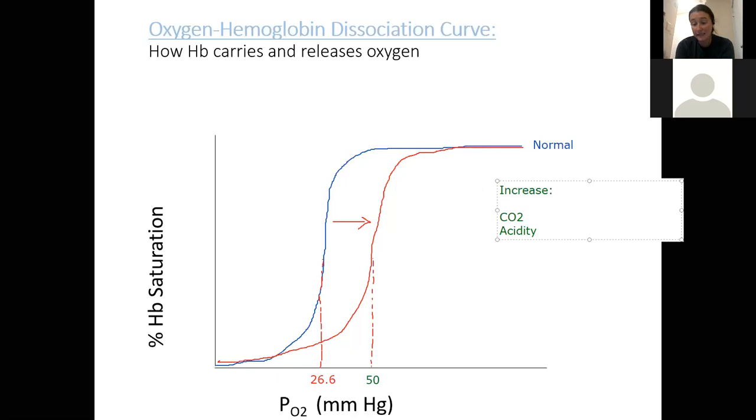If the acidity goes up, this actually means that pH is going to decrease. When we have more of this 2,3 DPG or BPG, these are just metabolic byproducts that we can measure. These influence our hemoglobin to change shape in such a way that it's going to spit off oxygen more easily.